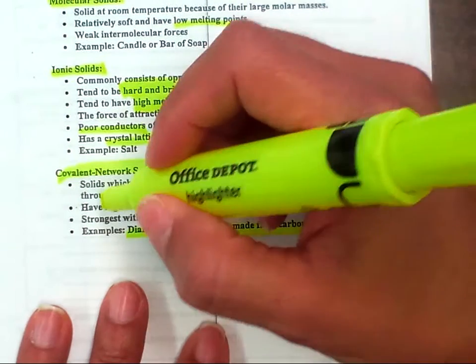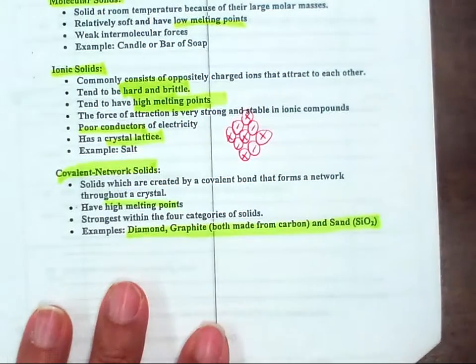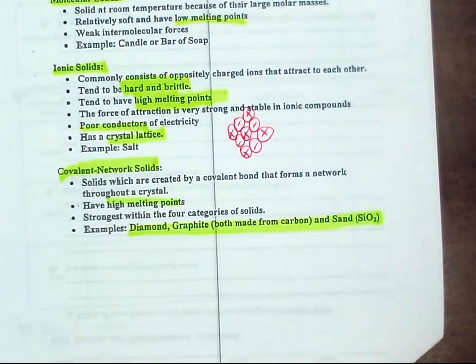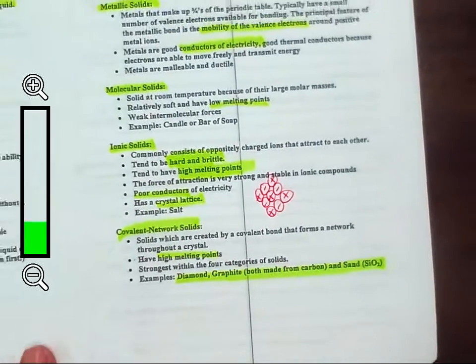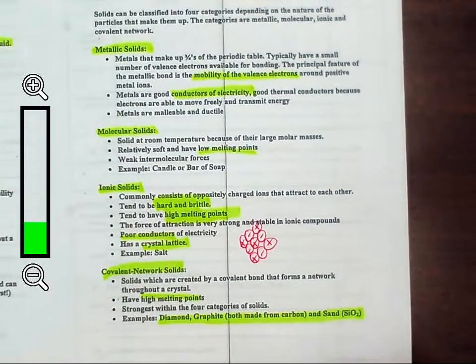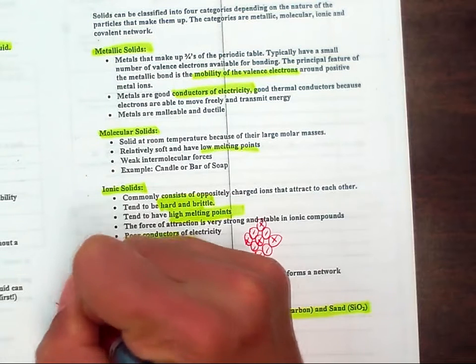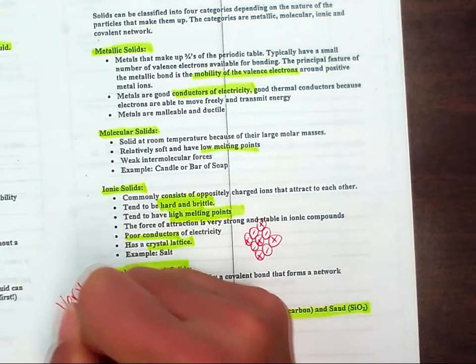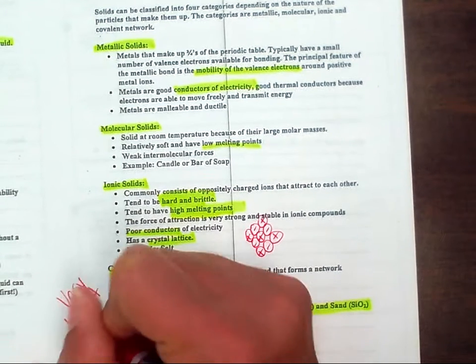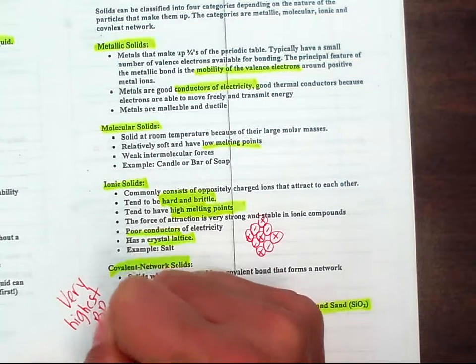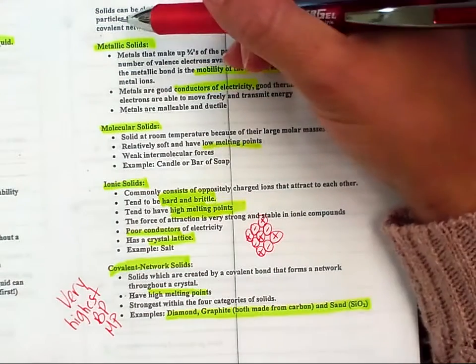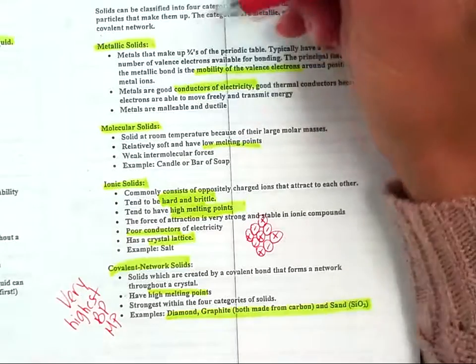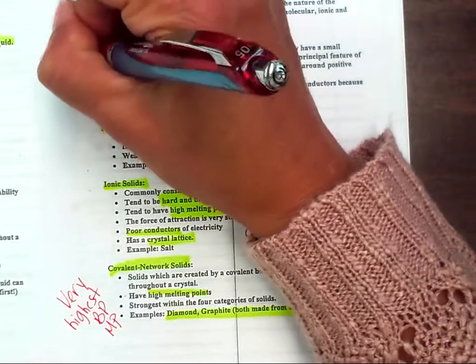These are very high melting point, and this is what overall you should get from this, is that anything on the bottom of this page is the very highest boiling point and melting point. They're very hard to melt and separate, but up here it's lower.